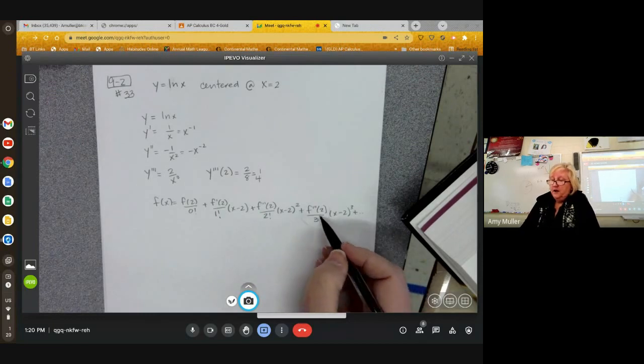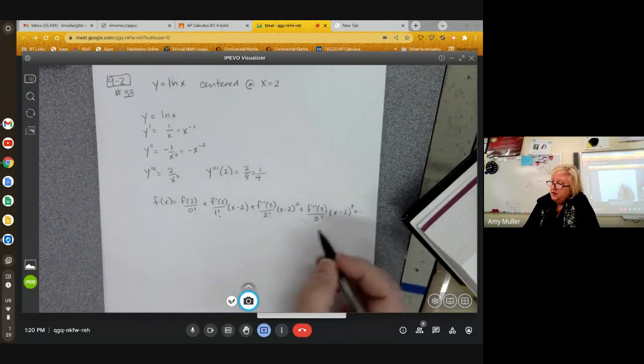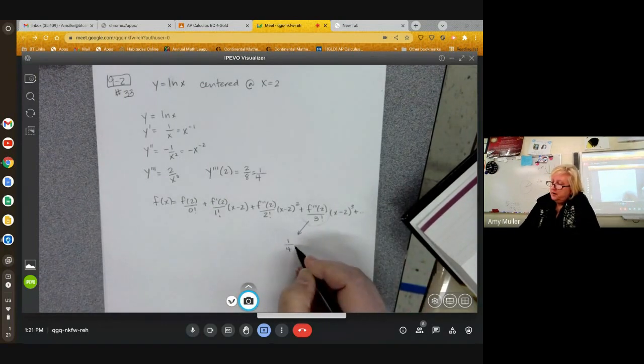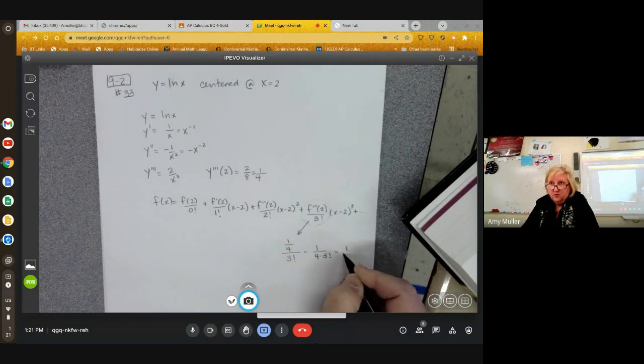So what do we do? Well, we found y triple prime of 2 is 1/4. I didn't put my fraction here. So I'm going to say the coefficient is 1/4 over 3 factorial, which is equal to 1/4 times 3 factorial, which is really 4 factorial, which is 1 over 24.